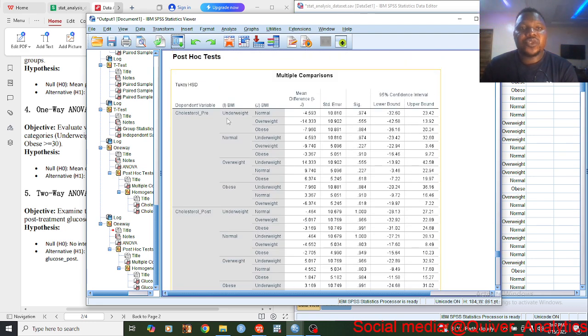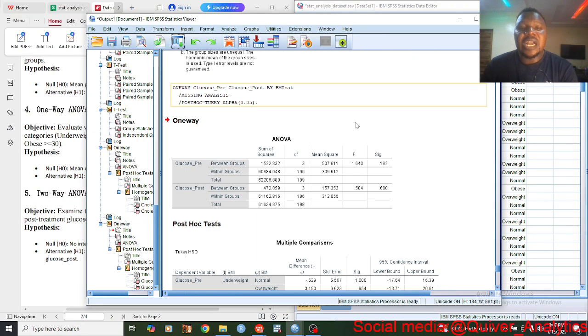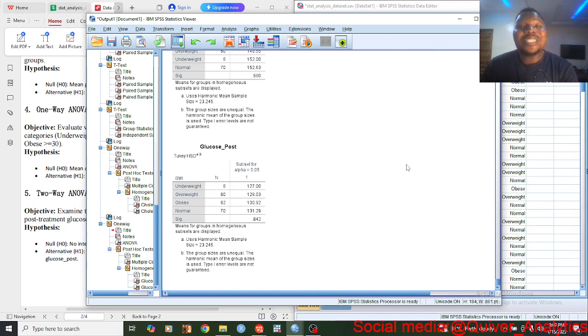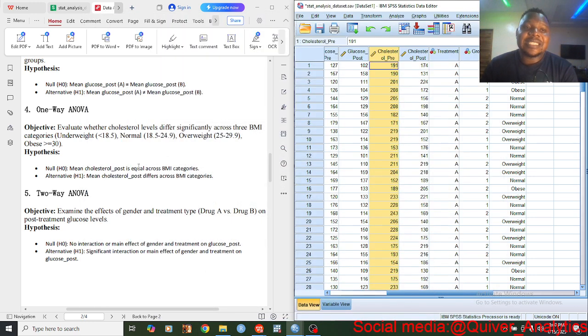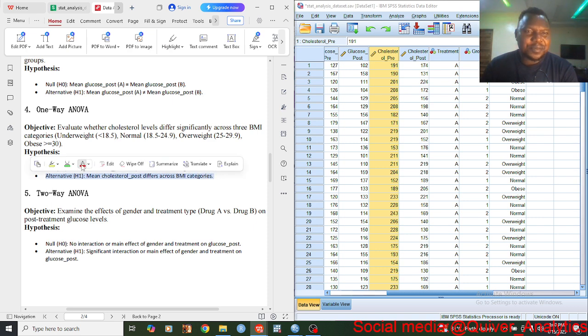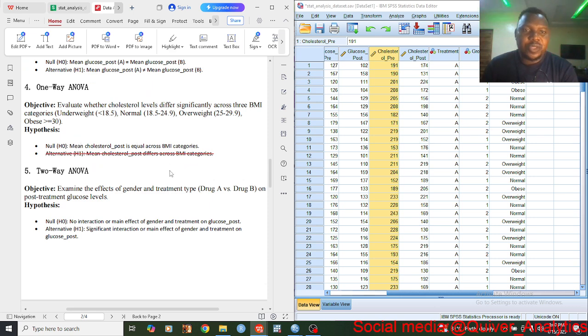There's no significant difference between the cholesterol levels across the BMIs. Not that there's no difference at all, but the differences that exist are not significant. So we reject the alternate hypothesis, and we do not reject the null hypothesis.